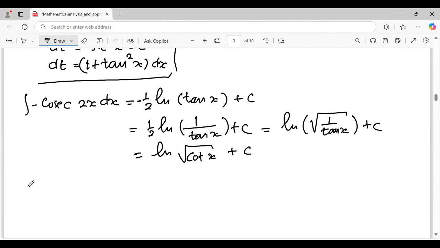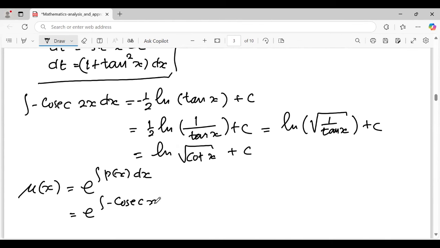Okay, so mu(x), the integrating factor, is e power integral p(x) dx. It is e power integral minus cosecant 2x dx.